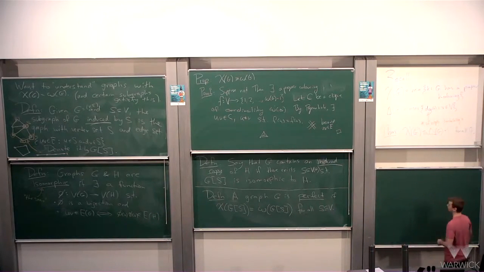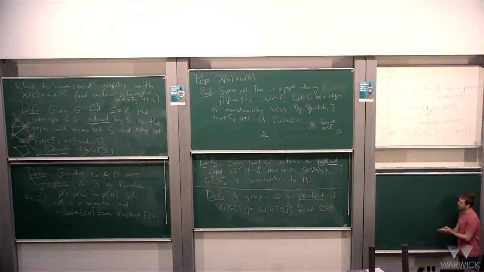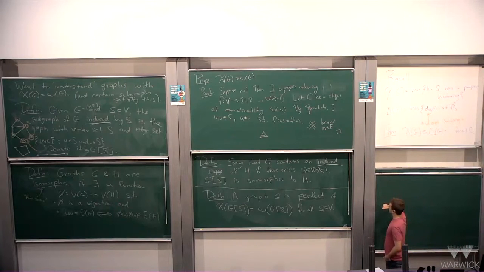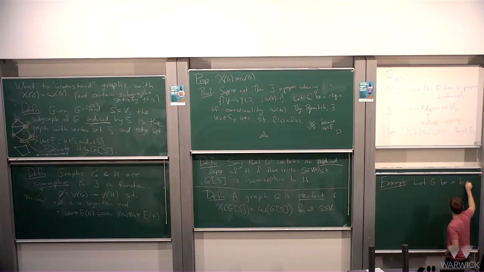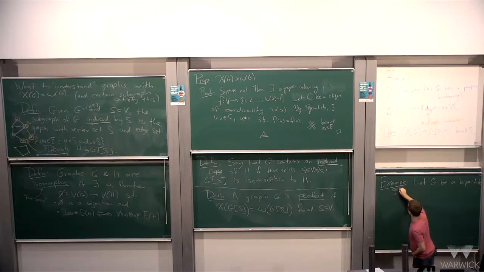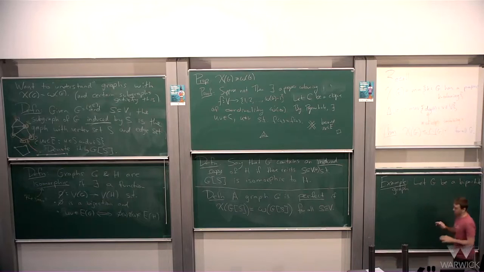Okay, so here's an example. So let G be a bipartite graph. This is going to be an example of, it's not just a single example, but an example of a big class of perfect graphs.